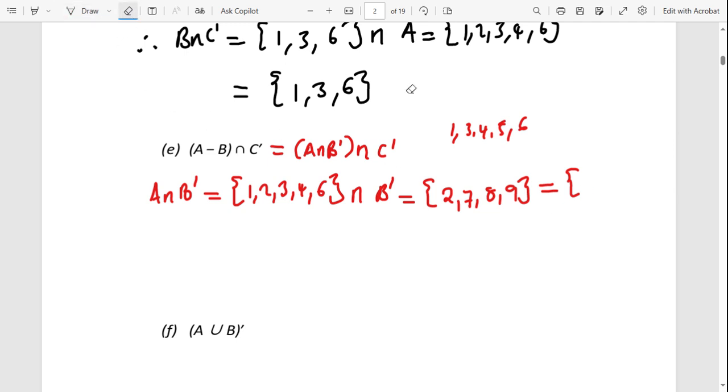Let me write it down. I'll say A intersection B complement is equal to 2. I think it's the only one, isn't it? Yeah. And then we are going to say intersection C complement.